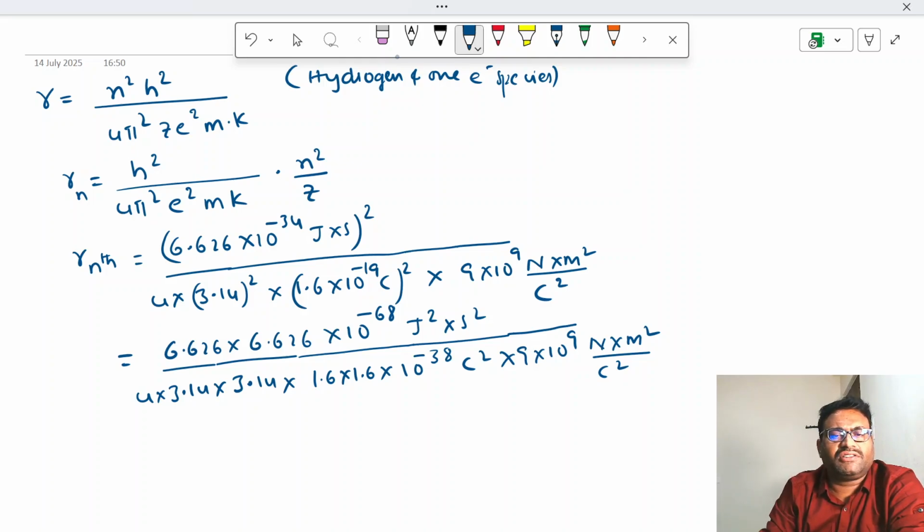So let us cancel these units, coulomb square.